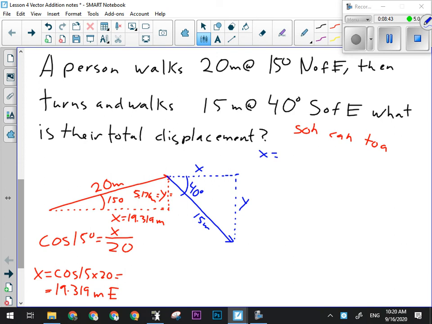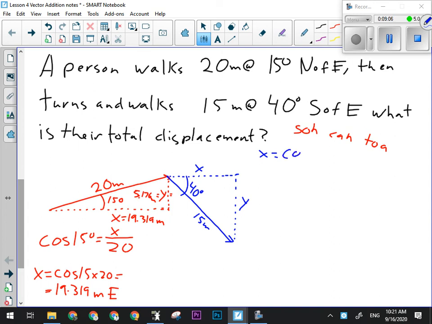which trig function am I going to use? I have the hypotenuse and I have that angle there. Yep, I'm going to use cos again. Cos isn't always for x, it's just worked out that way for these two triangles, okay? But sometimes y can be the adjacent side, it just depends. So I've got a 40-degree angle here, and I'm looking for x.